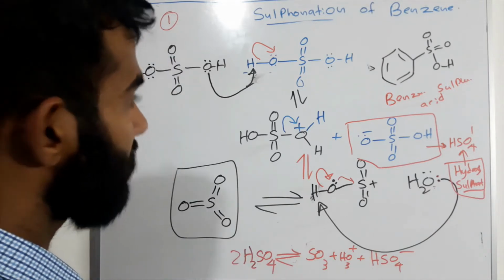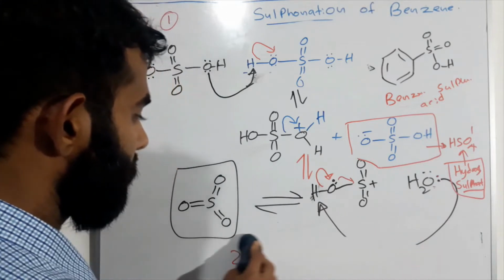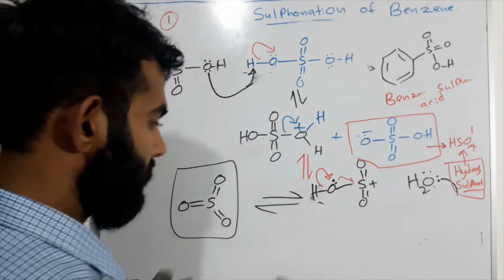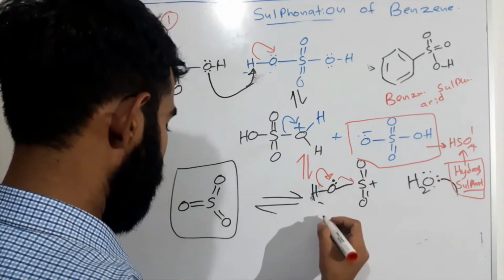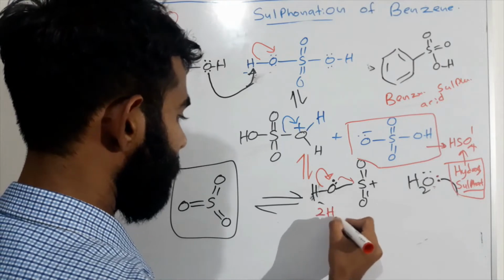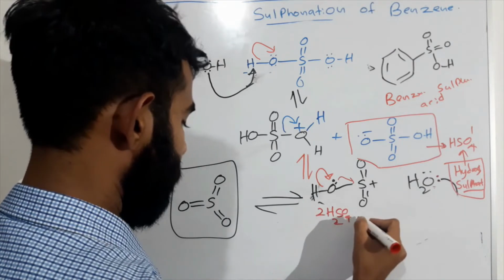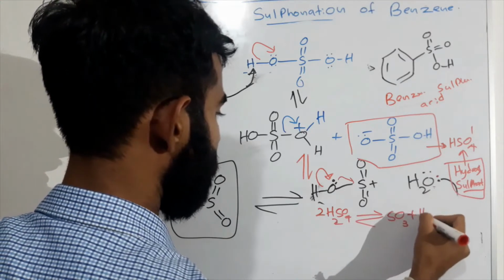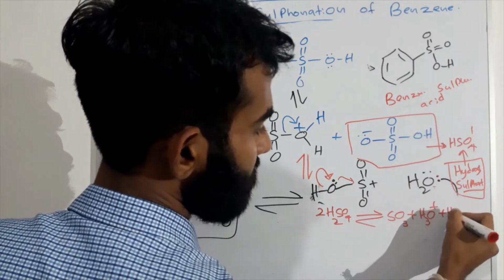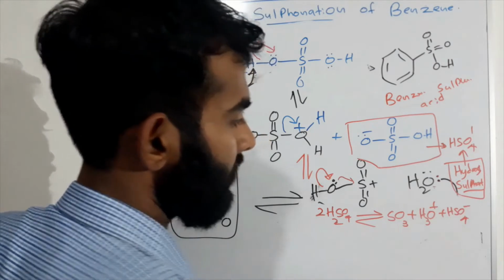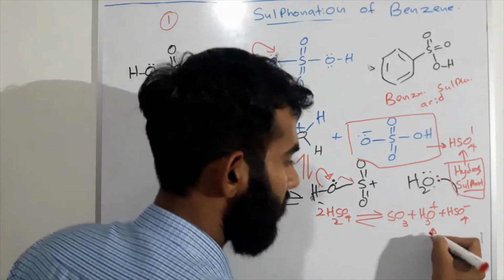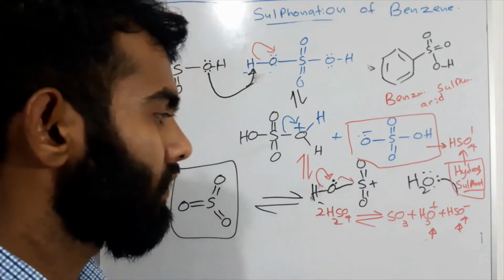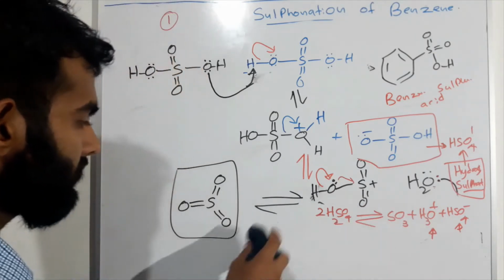If you can't see, I will write it outside. Two sulfuric acids will reversibly form SO3 plus H3O plus plus HSO4 minus. Here this is the hydronium ion and this is the hydrogen sulfate ion. This is a cation, this is an anion. These are the products of the first category of reaction.